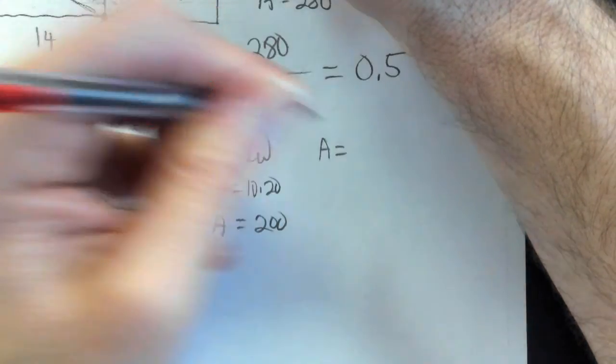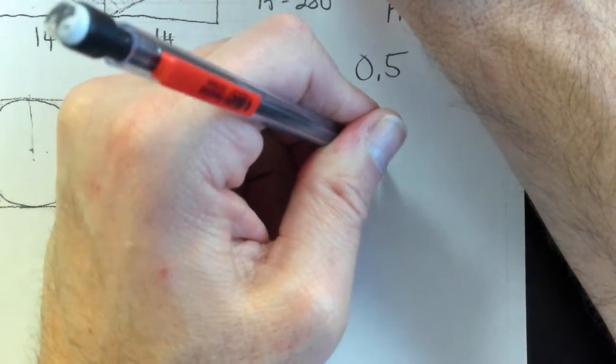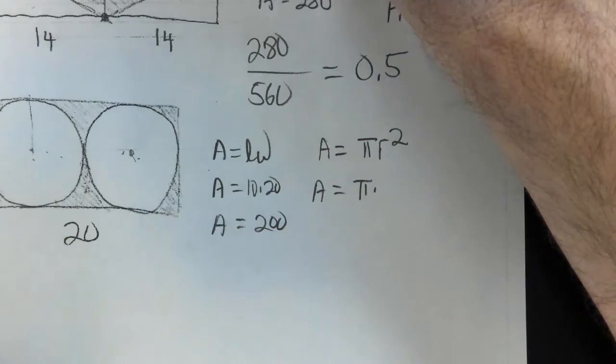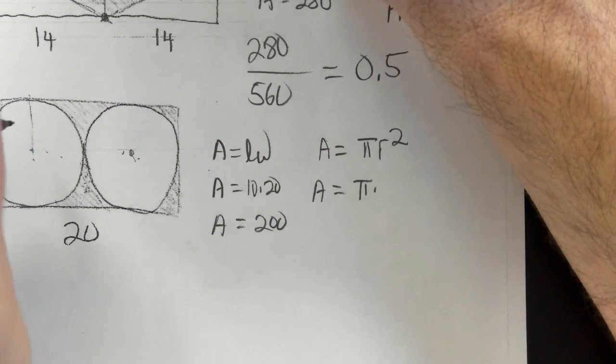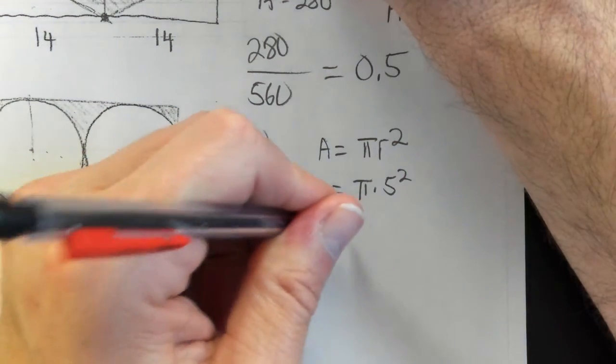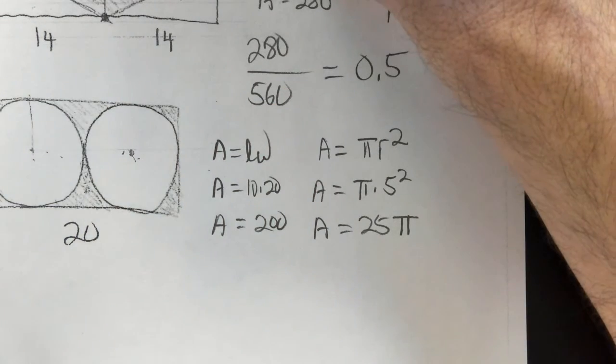Now I need to subtract off the area of the missing spaces, which is in the shape of a circle. Pi r squared. Pi times my radius there is going to be half of 10, which is 5, so be careful with that. And so that's 25 pi. All right.